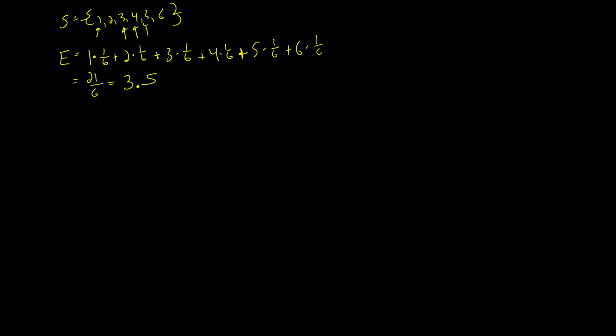And so the expected value of rolling a die is 3.5. That means if I roll dice over and over again, that should be my average. The expected value is the sum of each probability of an event times the value of the event.